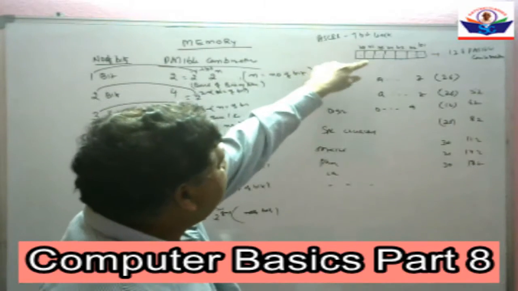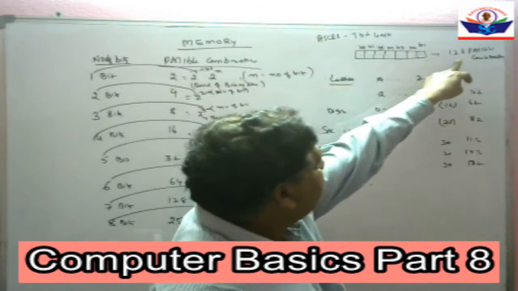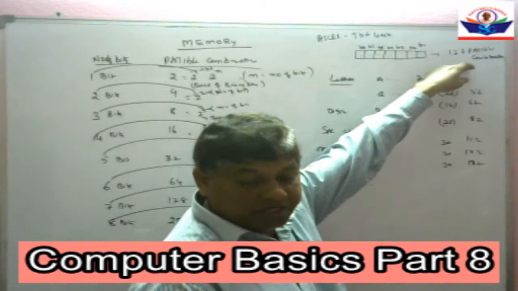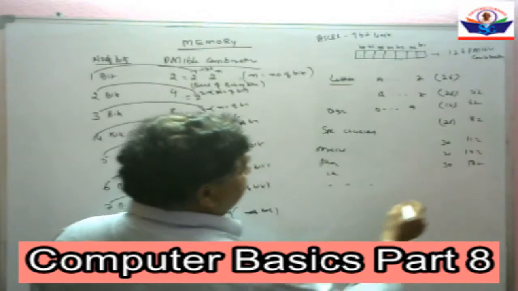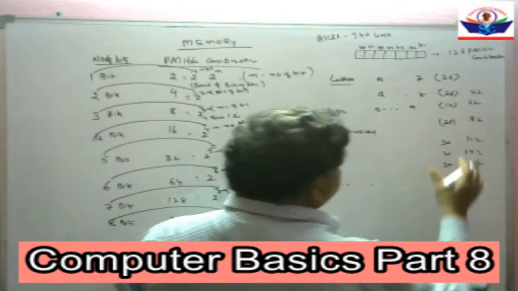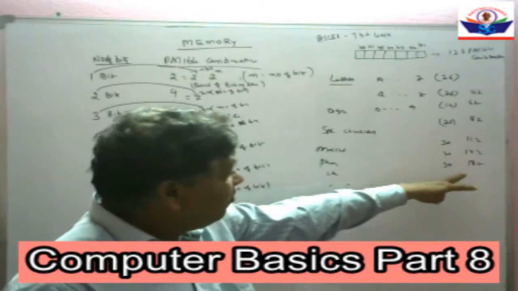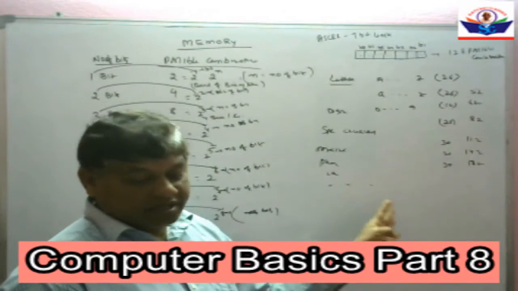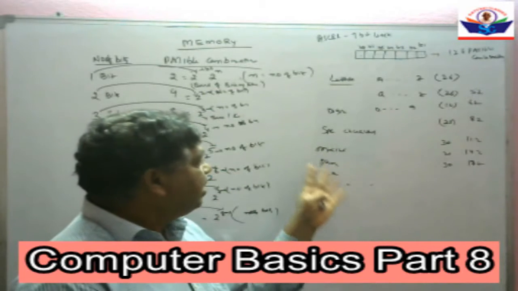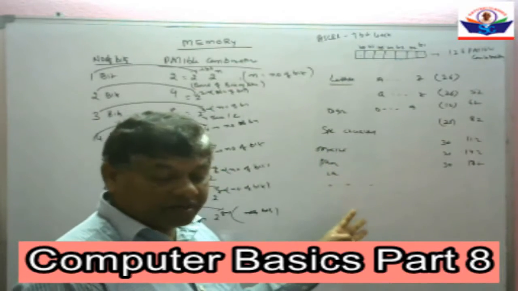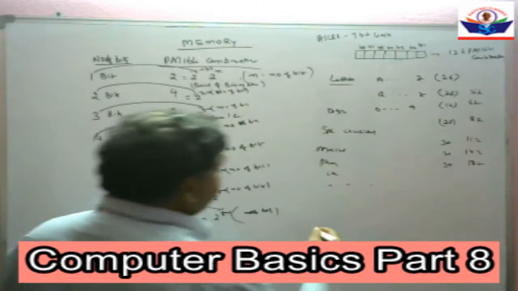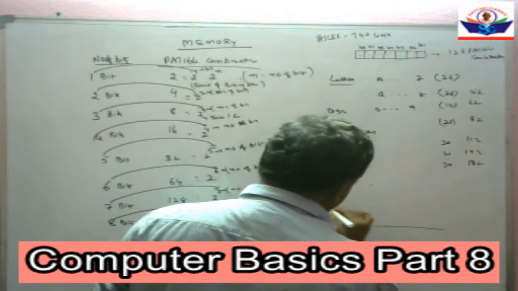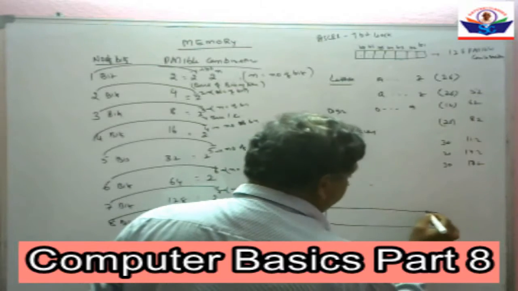So, ASCII code with 7 bits can have 128 possible combinations. What is the 128? That ASCII code is not suitable to represent all the characters, letters, symbols, and mathematical and physics domains.